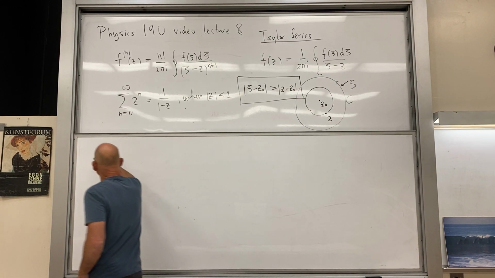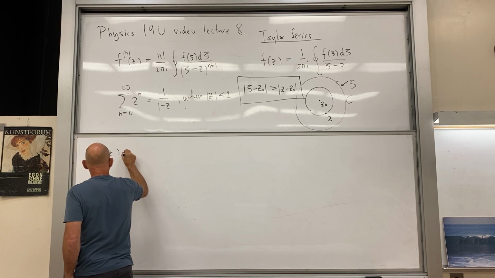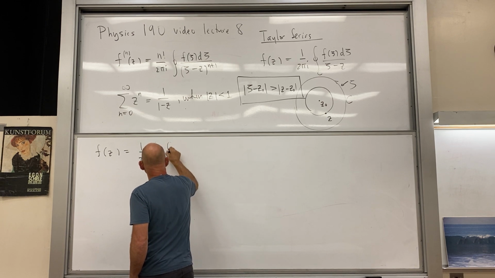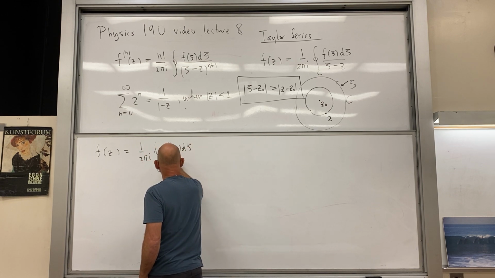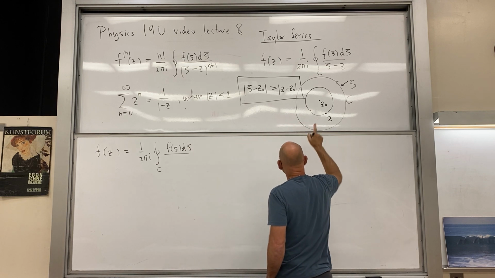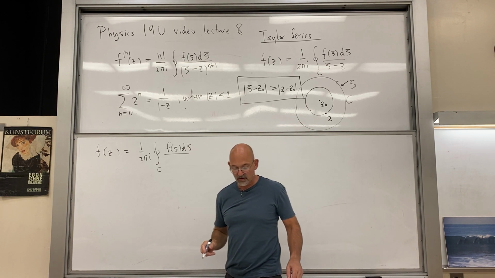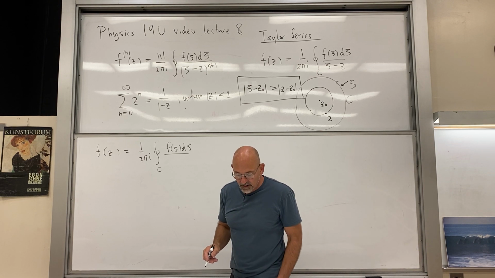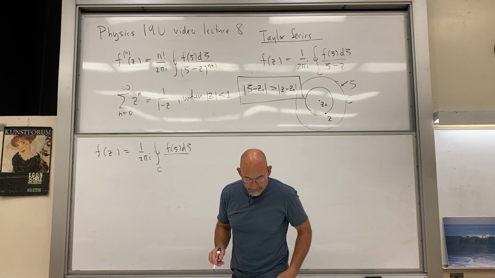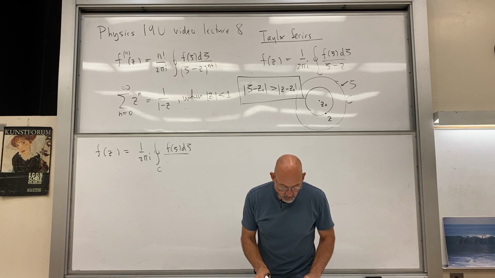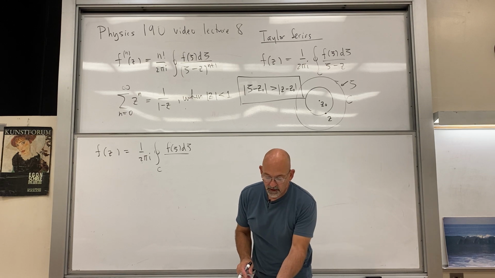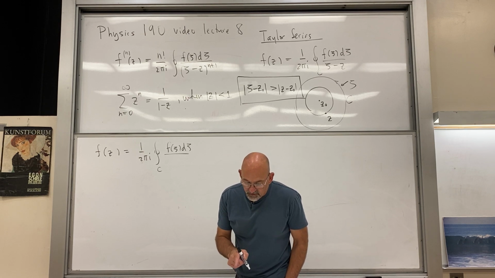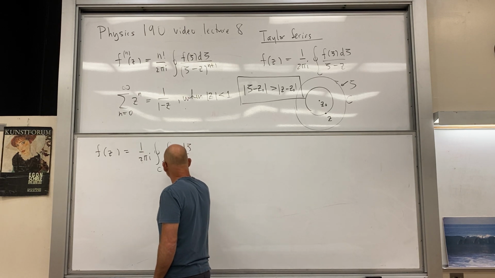So once again, we'll start with the f of z from the integral formula. f of zeta d zeta. Now, the zeta minus z, we're going to factor out. Let's write it this way.